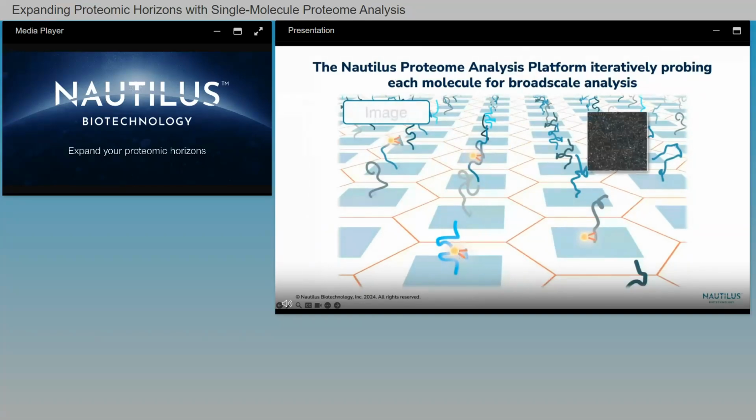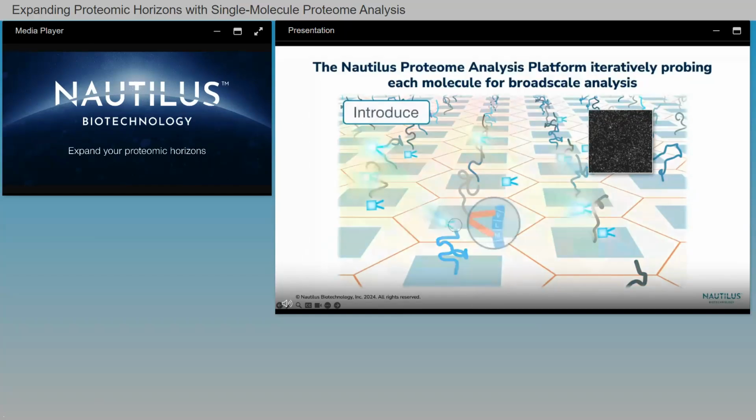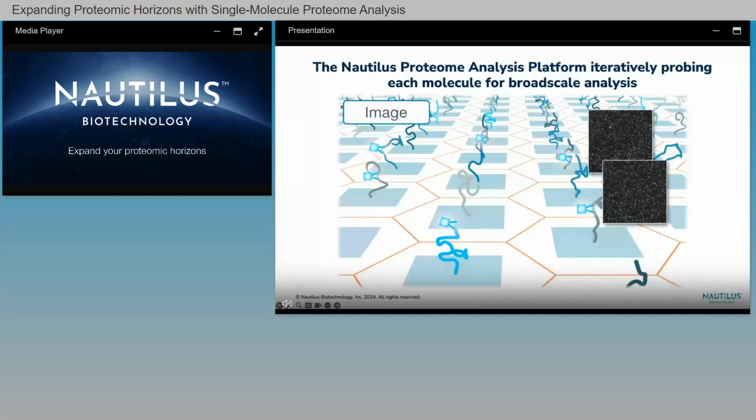Take a picture. We then wipe off those probes and then come in with another affinity reagent that recognizes a different epitope. Now, while each individual probe is not protein specific, the combination of multiple affinity reagents, the combination of multiple touches on each molecule is sufficient information to infer the identity of the protein.